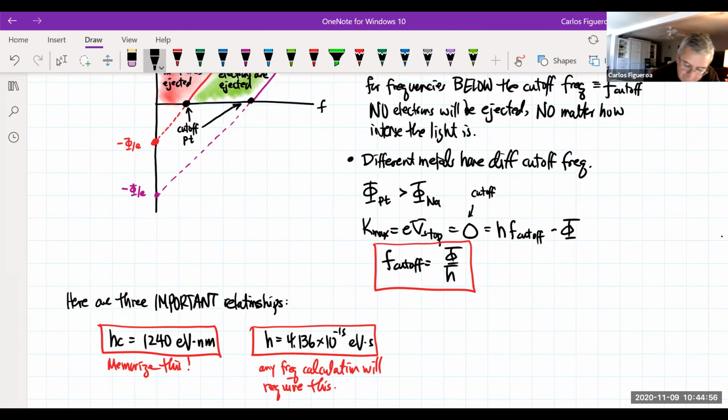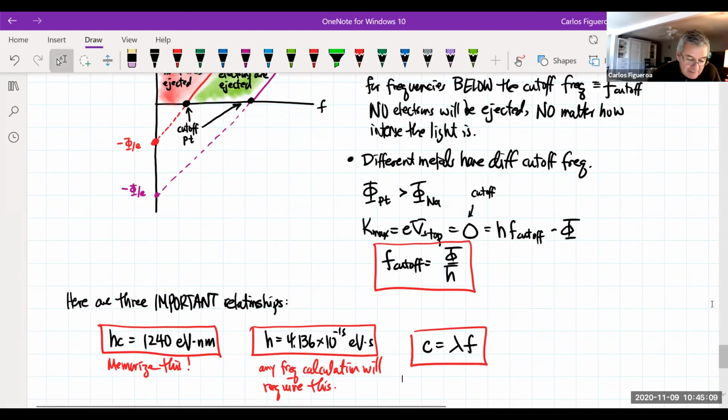And the other one is the one that you've all learned from 4C or 4A. It's the wave relationship. You want to remember these guys.